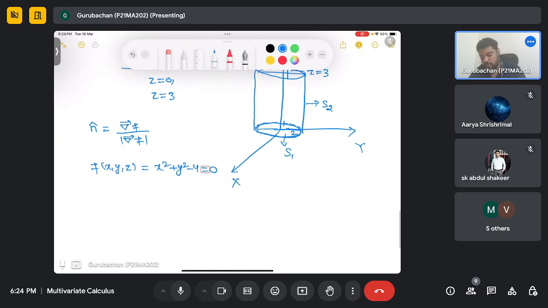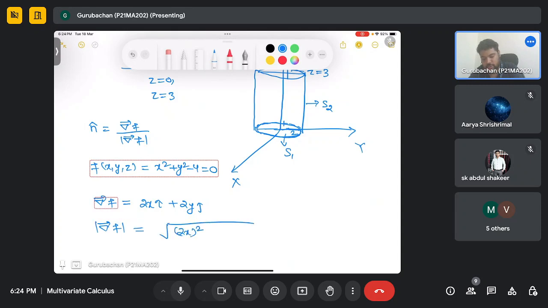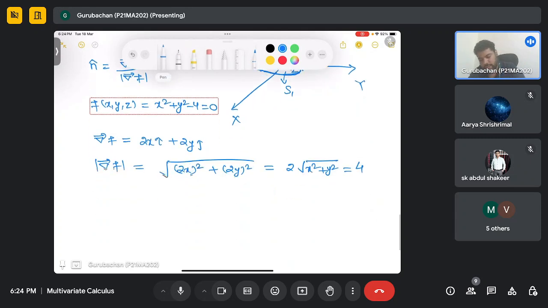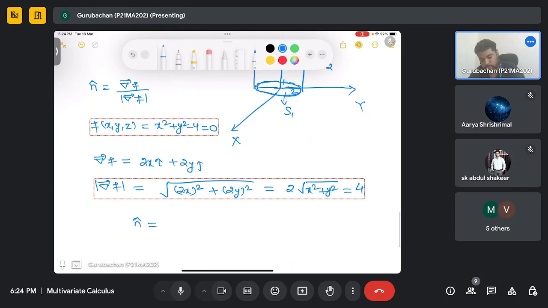So gradient of f will be 2x i cap plus 2y j cap, and its magnitude will be the square root of (2x)² plus (2y)², which gives 2 times the square root of x² plus y², which is equal to 4. So n cap will give us (x i cap plus y j cap) divided by 2.